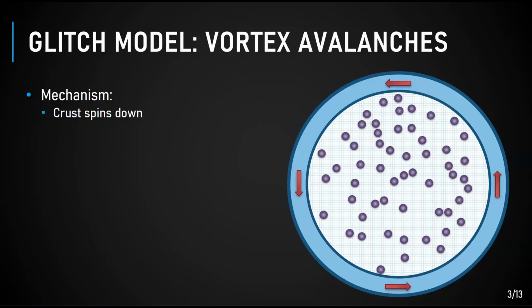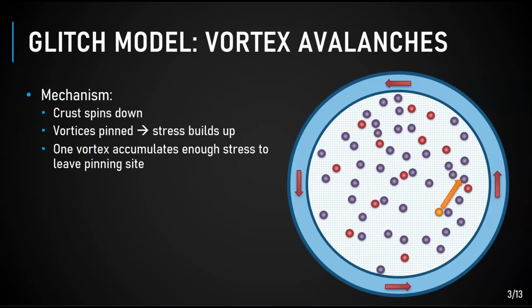The only way it's going to slow down is by expelling the vortices, and it can't do that because the vortices are pinned. So some stress will build up, and the stress builds up along with the differential rotation until one of the vortices unpins from a pinning site. This is called unpinning.